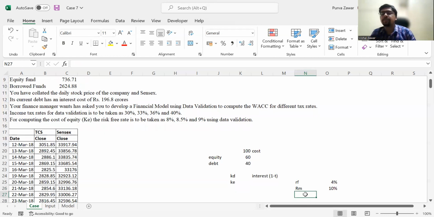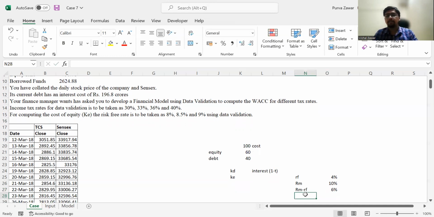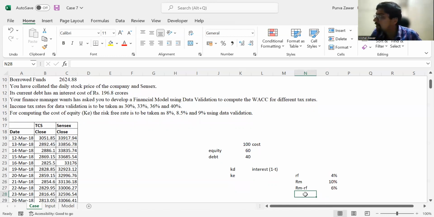So basically, market is giving 6% higher than the risk-free return. 6% higher because 4% investors would earn anyhow. But because they are investing in the markets, they're earning 6% extra. So the second alternative is for taking the risk, they could go for the market.